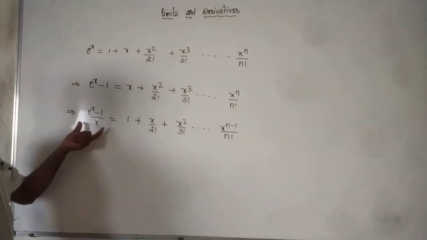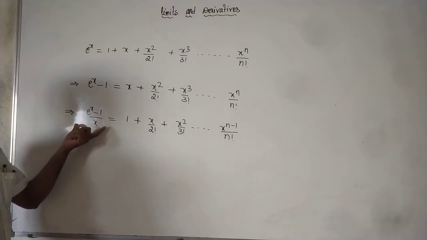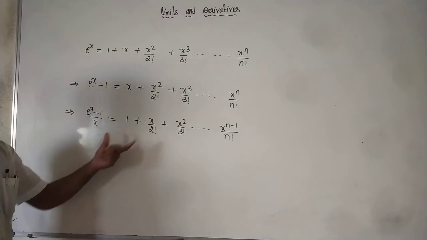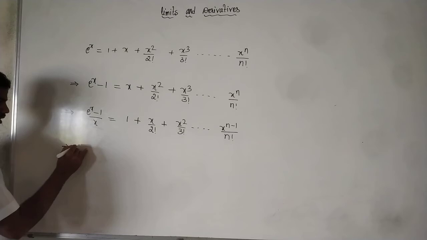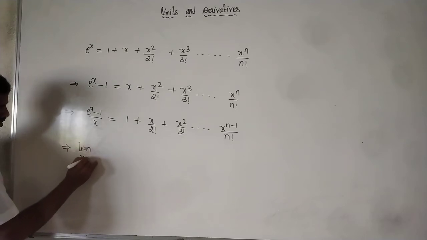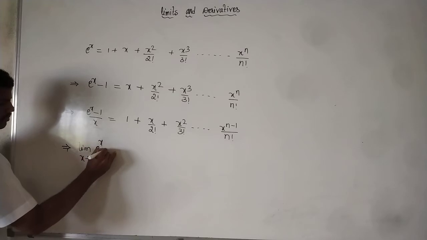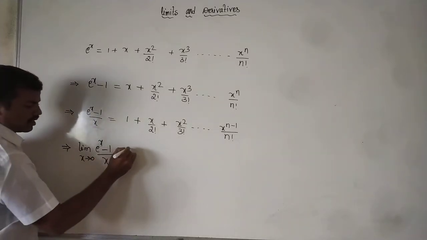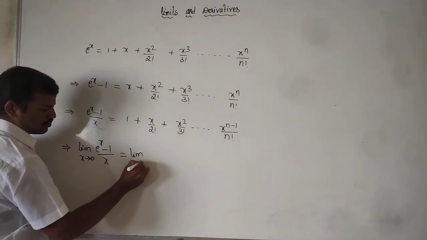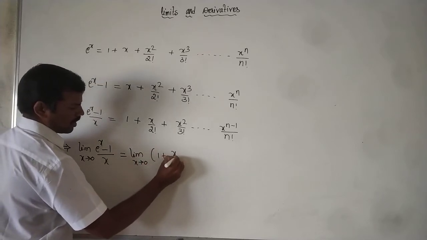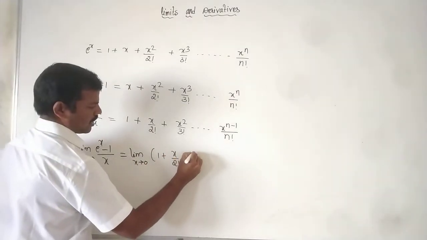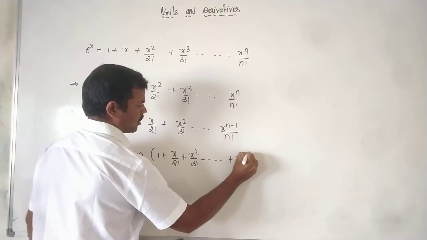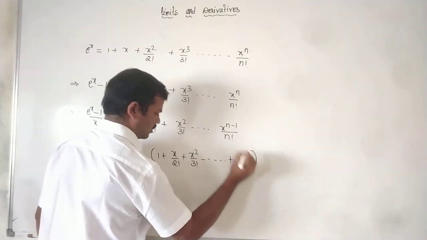So what is the limit as x tends to 0? If you apply the limit as x tends to 0 on both sides, limit as x tends to 0 of (e raised to x minus 1) divided by x is equal to limit as x tends to 0 of 1 plus x by 2 factorial plus x square by 3 factorial, and so on, plus x raised to n minus 1 divided by n factorial.